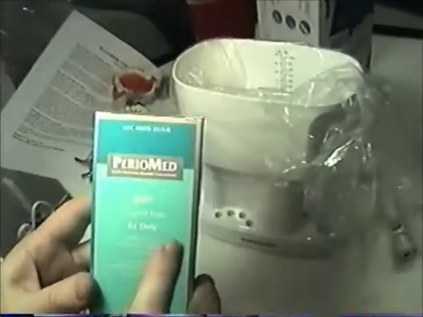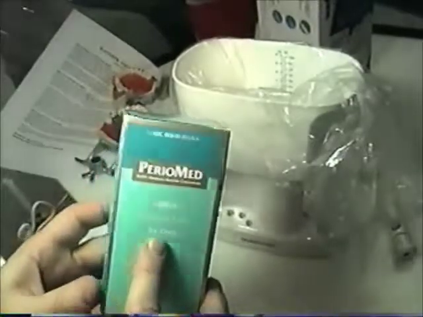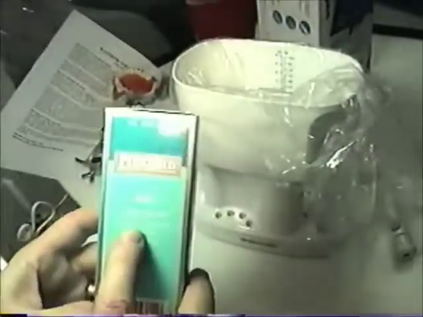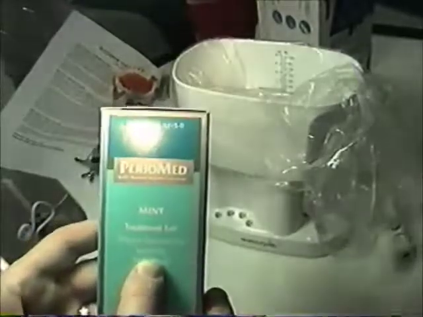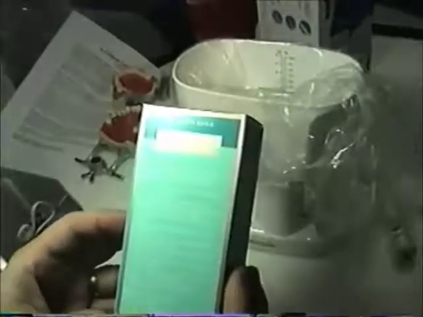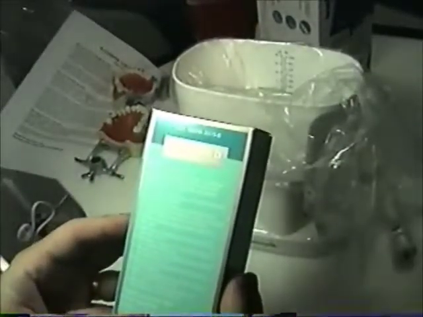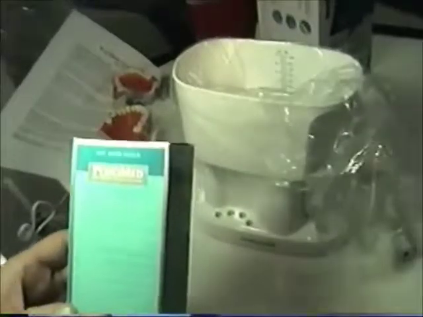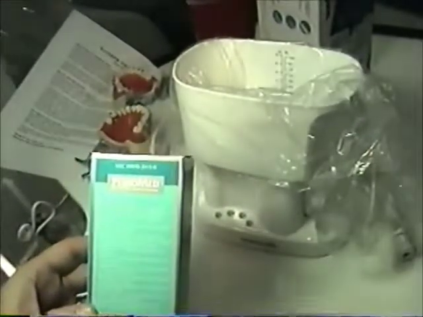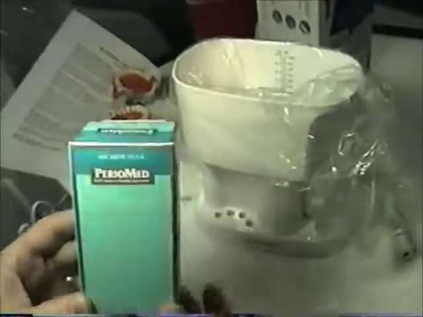You have to get it by prescription only unless you buy it at the doctor's office, and it's treating gum inflammation or gingival inflammation, sensitivity, and tooth decay. You can rinse with this, but we found out rinsing doesn't really work real well. What you have to do is get this up under the gums where the bacteria are hiding. The bacteria are not hiding on the outside of the teeth, they're hiding down those pockets where the probe went.